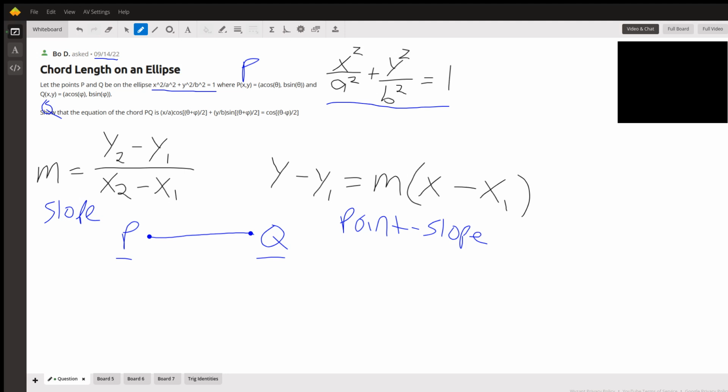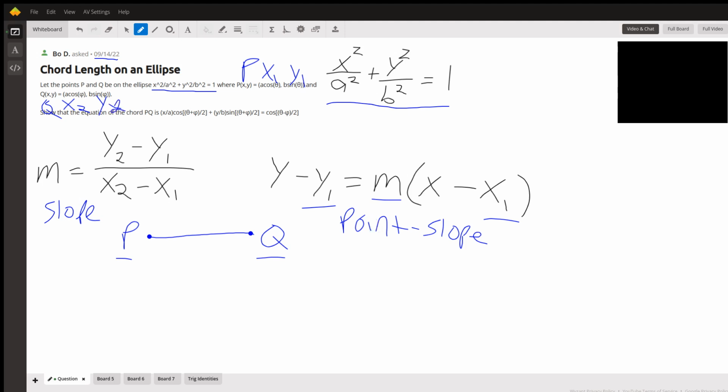Because if we have the slope, we can just plug that in there and then use one of our points, x1 and y1. So I'm going to call point P x1, y1, and let's call point Q x2, y2.